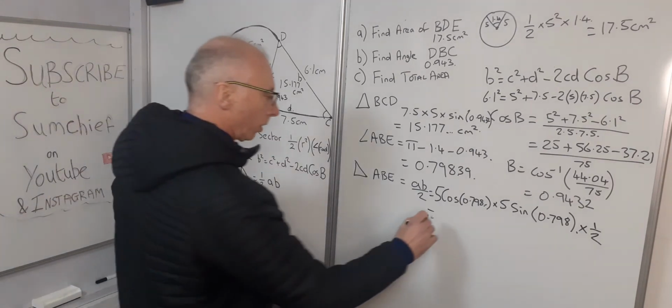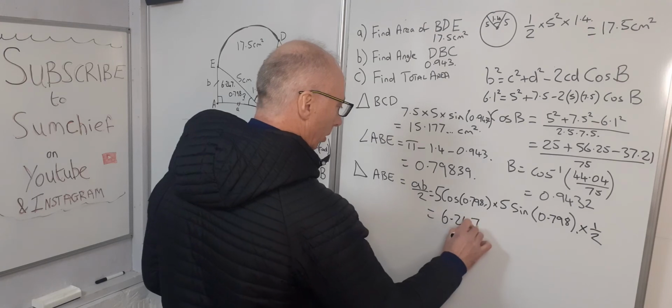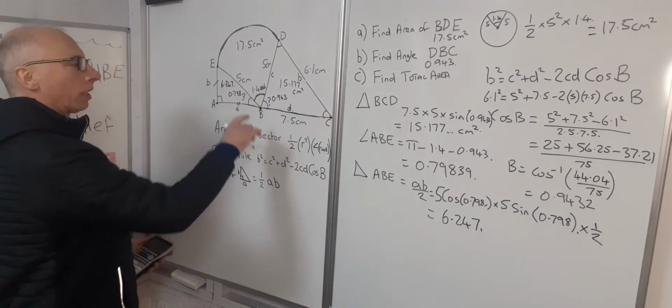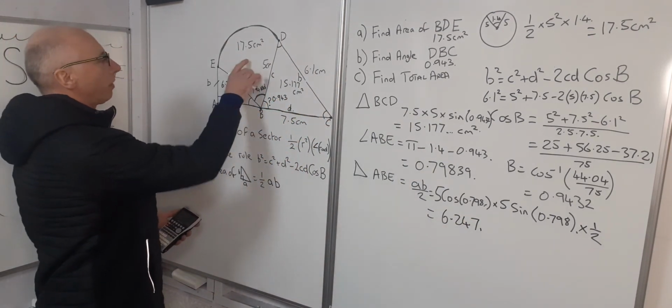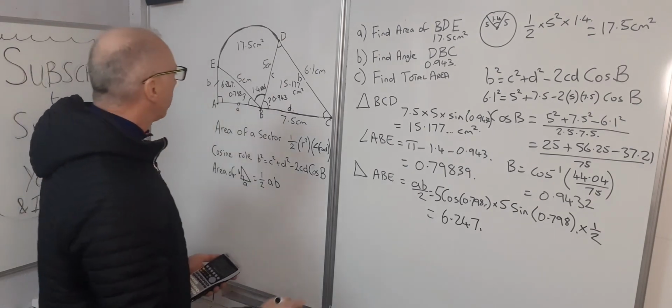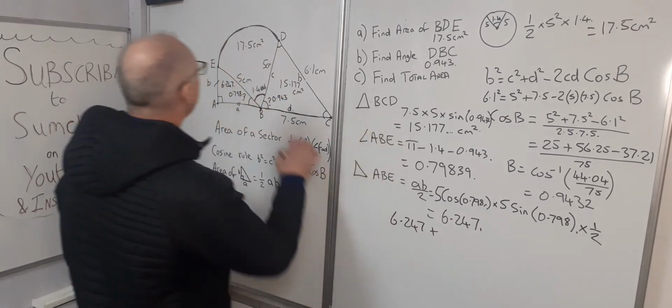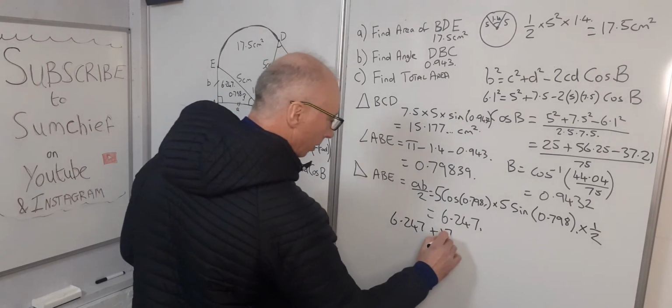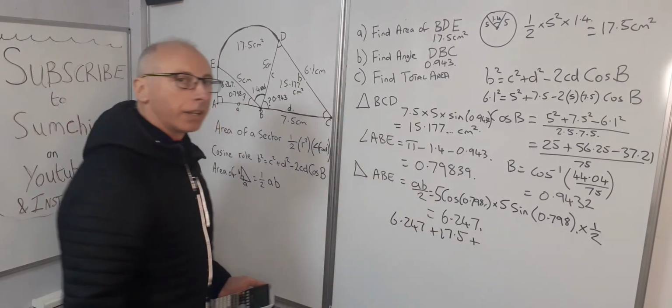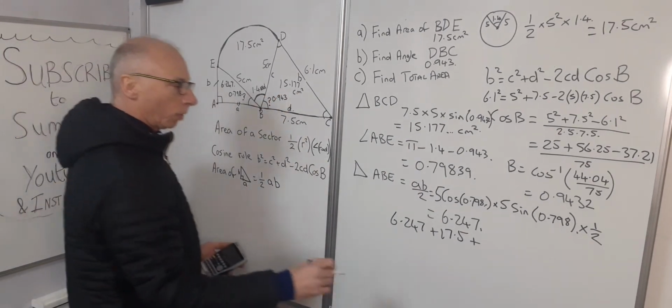So that is 6.247. Now all we've got to do is add up all these areas to give us our total area. So 6.247 plus 17.5, and then the last one, 15.177.